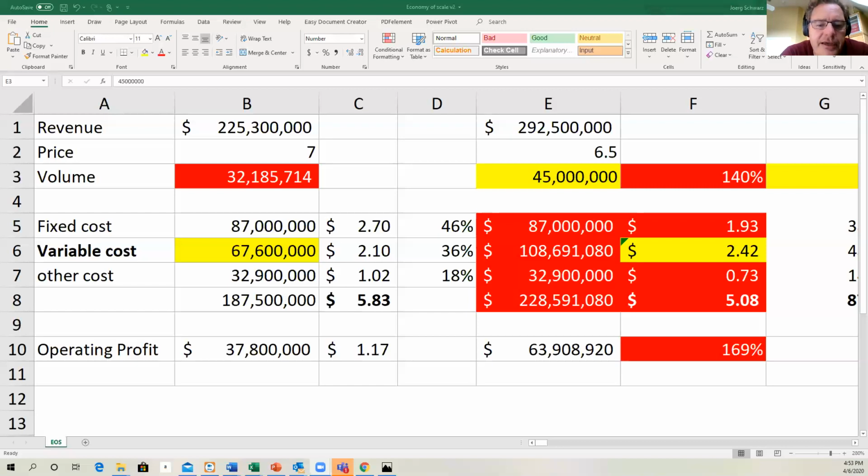So that's why in the real world, but also in the simulation, it's always good to keep an eye on the competitors, see what they are doing in terms of price and market share, and not get blindsided by what they might be doing.